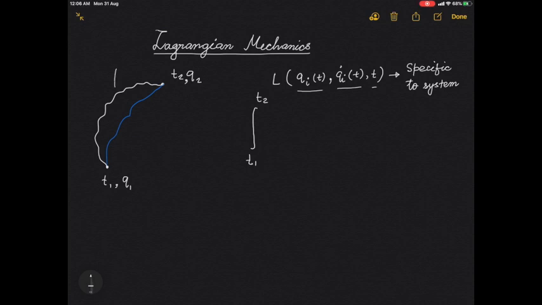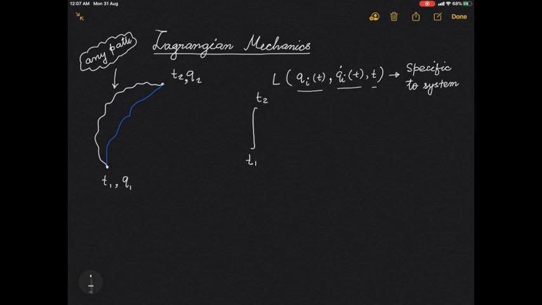Okay, so this is any path. I can do it for any path. So if I choose qi, all qi as a function of t, and all qi dot as a function of t, then I know what my L is.